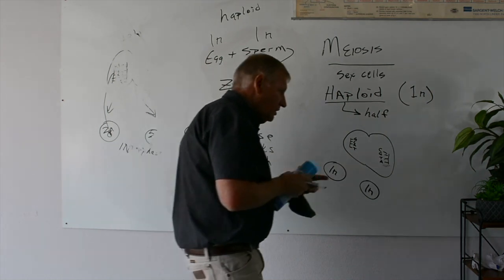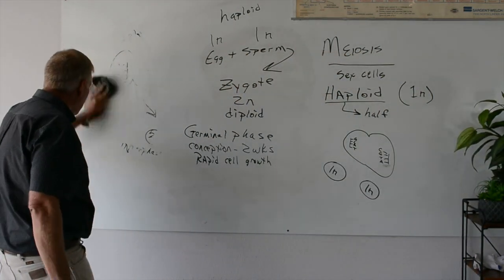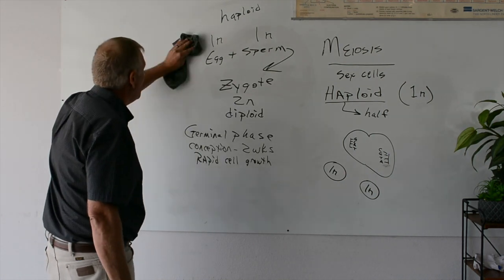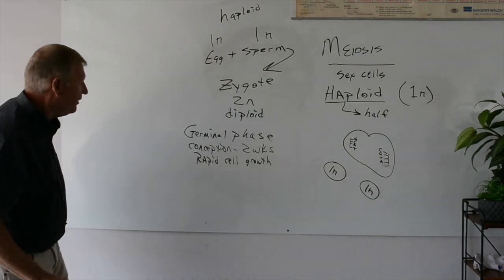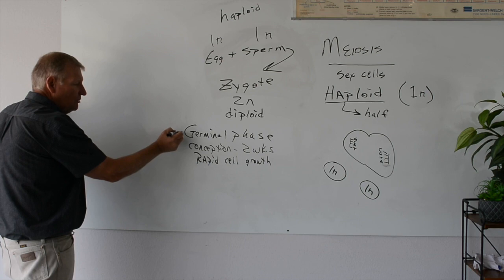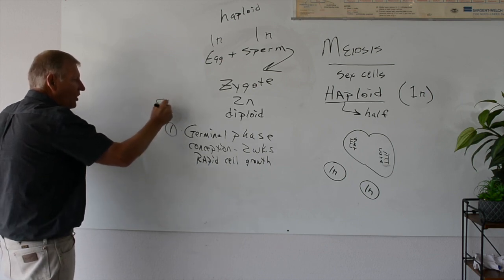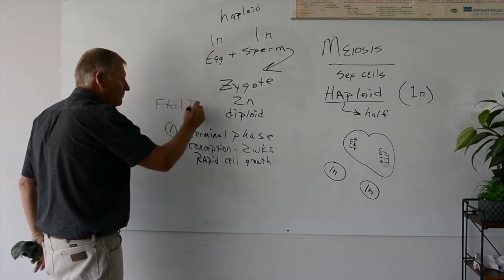I don't want to make this too complicated, but I want you to understand this because it's critical to biology and critical to life. And it's fascinating as we talk about this. So now the germinal stage, that's the first step. This is called fetal development.